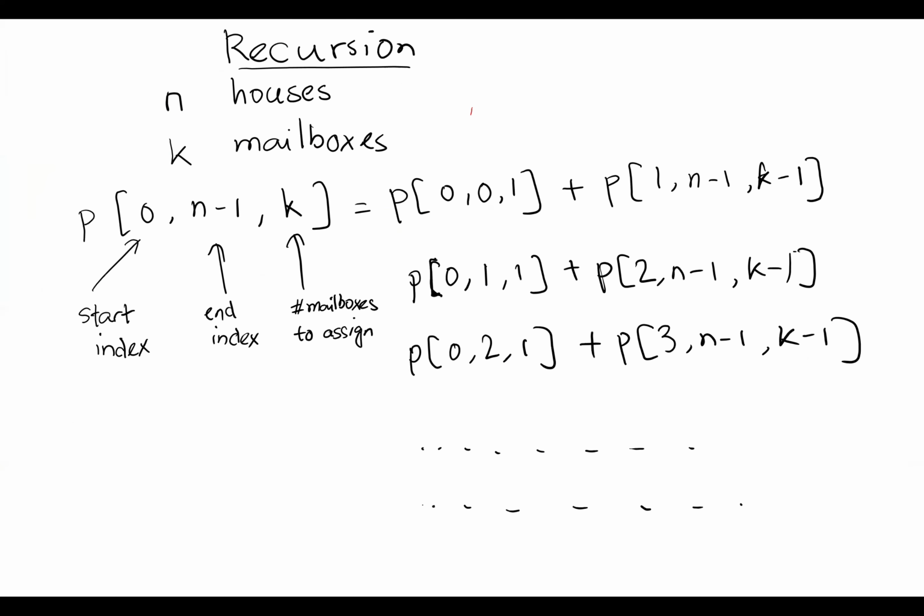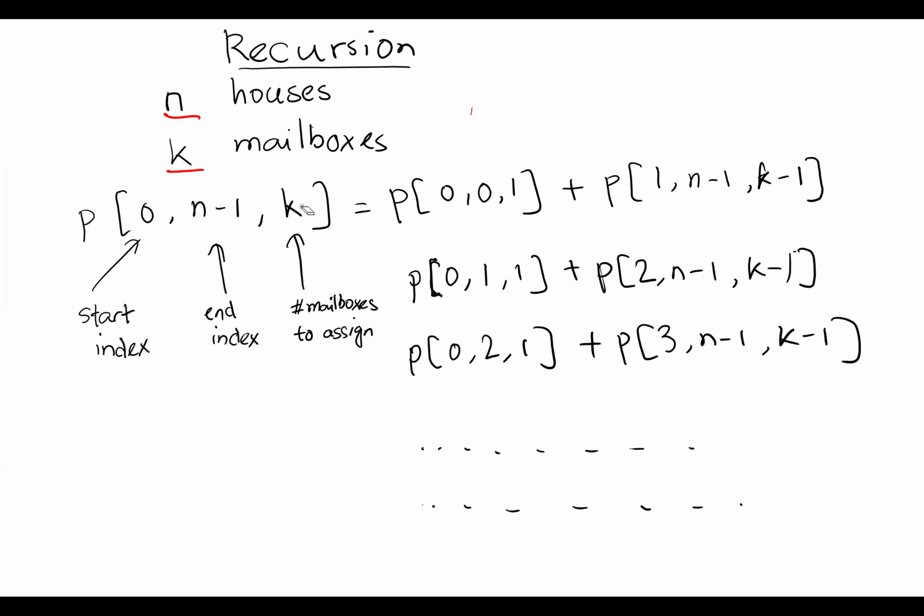Now, okay, so let's formally define the recursion. We have n houses, and we have to assign k mailboxes to these houses so that the distance is minimized. So we can define the whole problem using 3 indices. The starting house of the group, the end house of the group, and the number of mailboxes to be assigned.